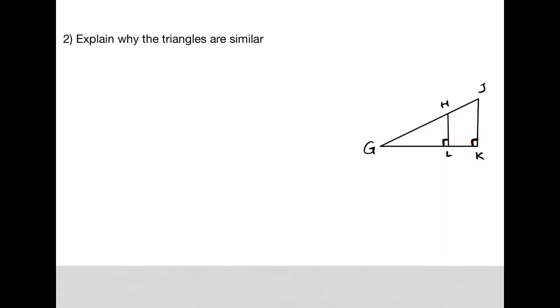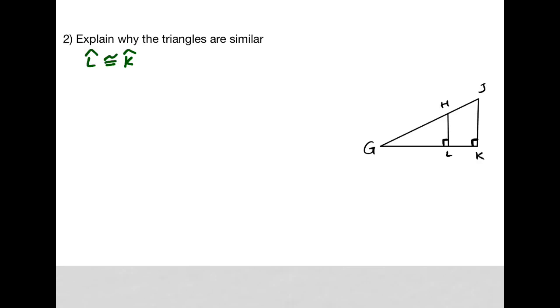So let's write it down. Angle L is congruent to angle K. I need to find one more angle from this triangle congruent to one more angle from the bigger one. I can't say anything about J and H because nothing is given here. But if you pay attention, you will realize that angle G here is a common angle for both triangles, right? So this G vertex is the common vertex for both triangles.